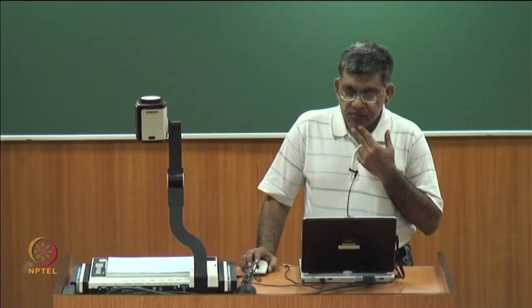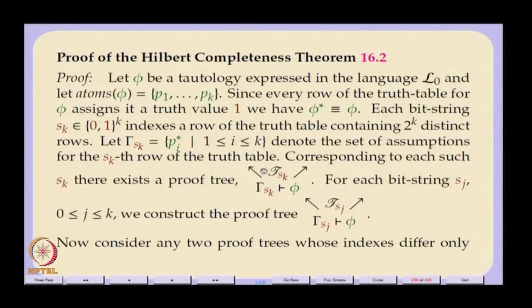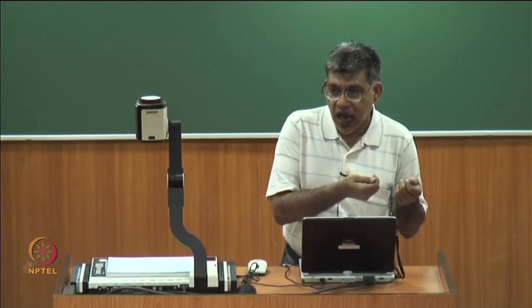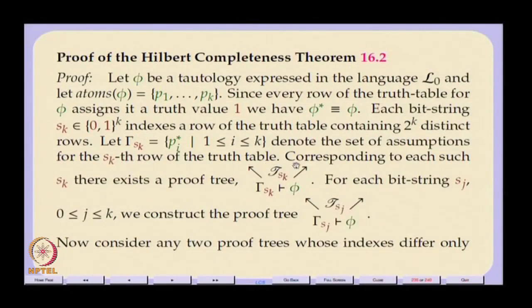So, now what this means is that corresponding to each row of the truth table, I have a proof tree T S k, where the assumptions are gamma S k. I am using the same encoding to specify the truth assignment to each of the atoms. With those assumptions, I can prove phi. This is given from the truth table lemma.